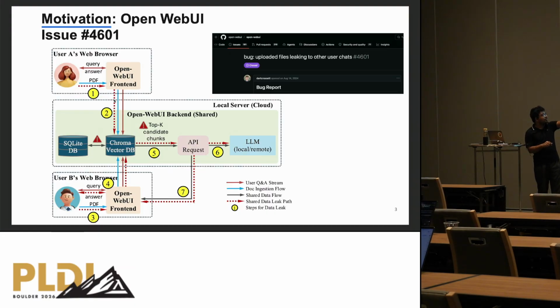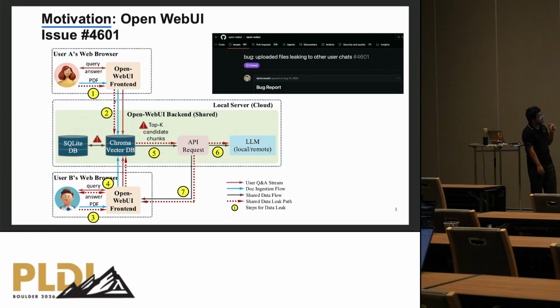That means they share the same Chroma vector database for vector embeddings, the same SQLite database for conversation storage and many other things, and also the same LLM API call and API request handler. So even though the users can be different, the backend is the same for everyone.